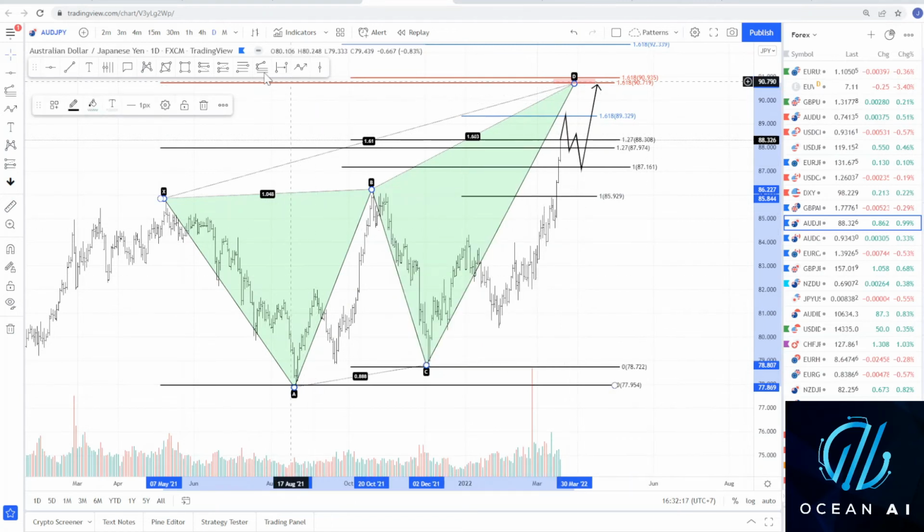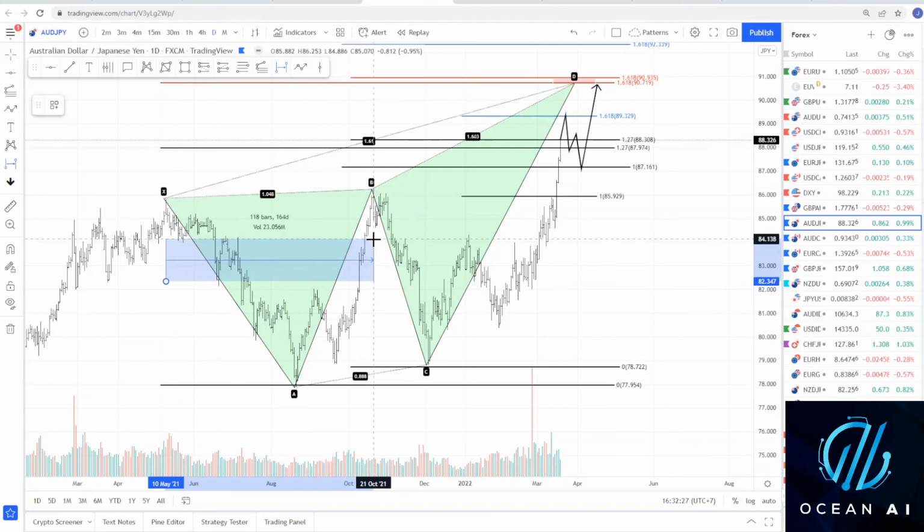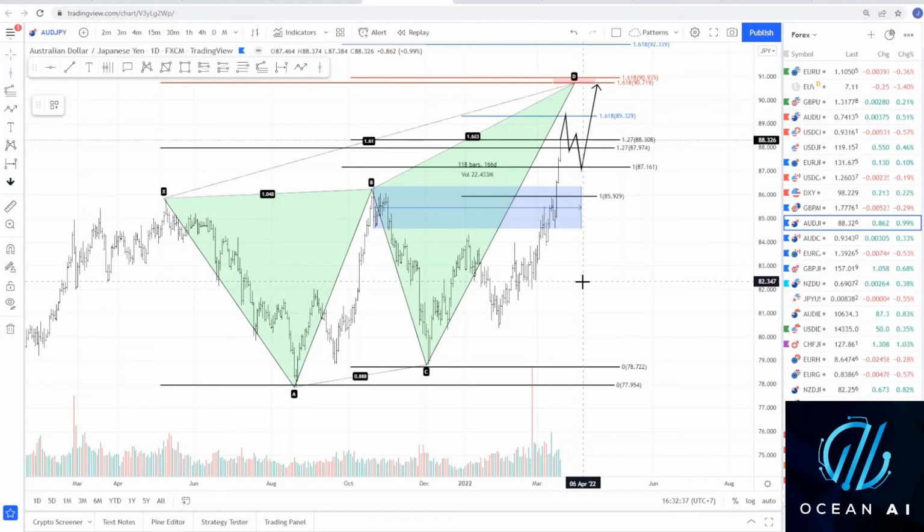And also with these 3 drive patterns, we look for time and price as well. So if we take from this high to this high, that gives us that. If we move that over to here, that would give us time and price high on the 5th of April.